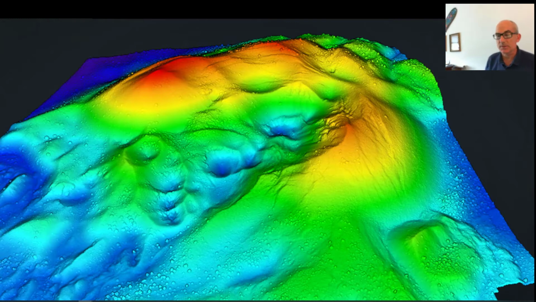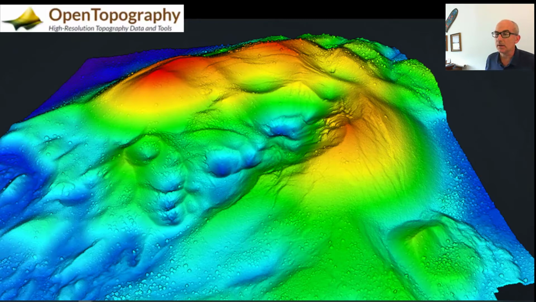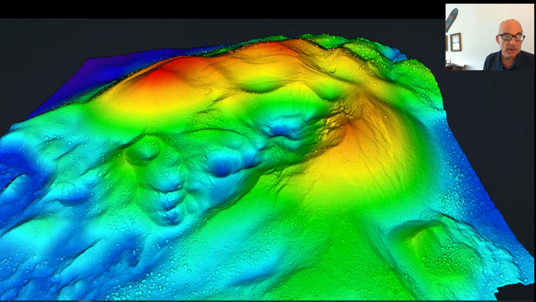You see these really interesting fractures that are concentric around these vents in the middle here. So this was produced from a drone, and this and the prior data are available on the Open Topography project, which is a major data sharing project for topographic data that I help lead.